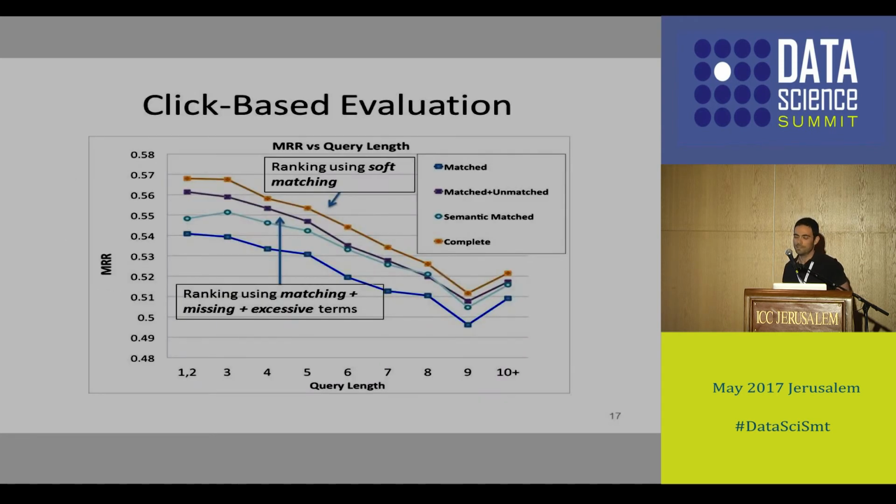The short answer is yes, and I don't have time to describe the details. The purple line that you see here was the best result that I showed before, using the missing and excessive terms, but limited to strict lexical matches. And the orange line is the ranking results using the soft matching method that we applied here. And obviously, it gives a huge improvement.